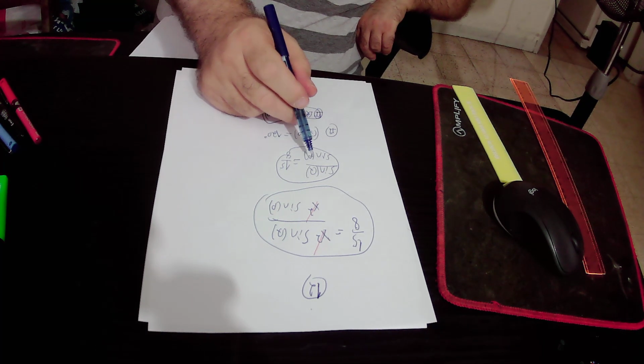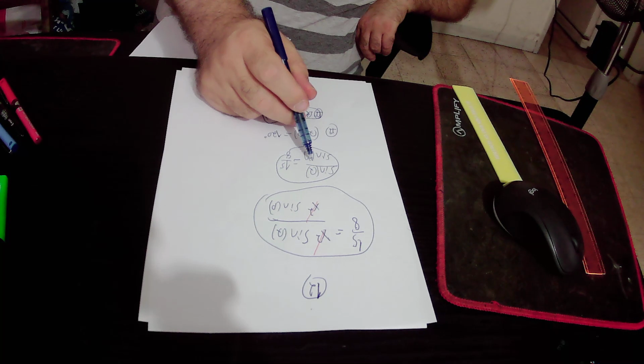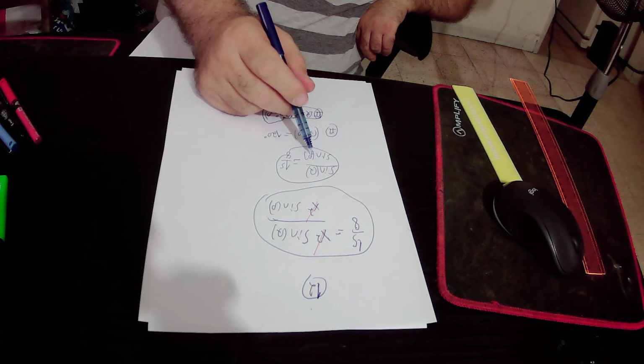So we can substitute Q in this equality by 120 degrees minus P.